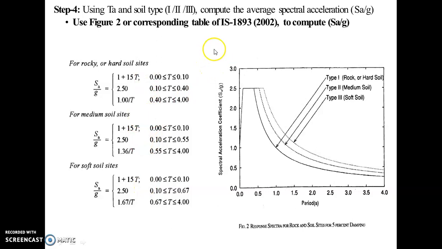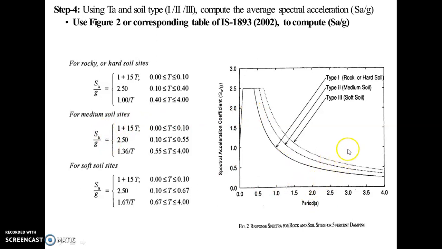For example, if our T value is 0.12 and it lies in this range, and our soil is hard, we take the Sa over g value as 2.50. So with the help of this diagram or these values, we find the Sa over g value. So we have to find Z and we have to find Sa over g.